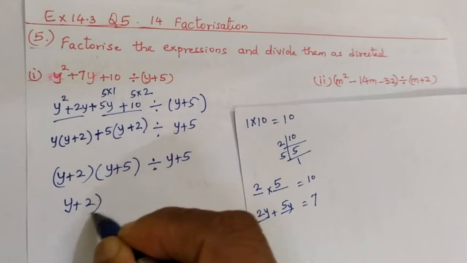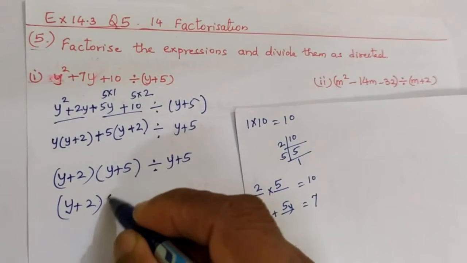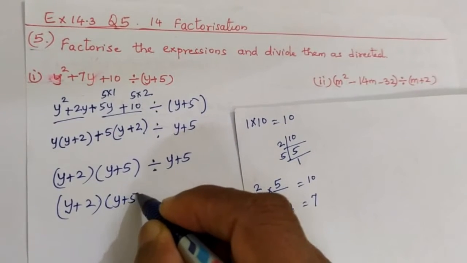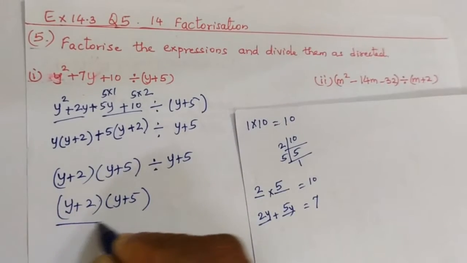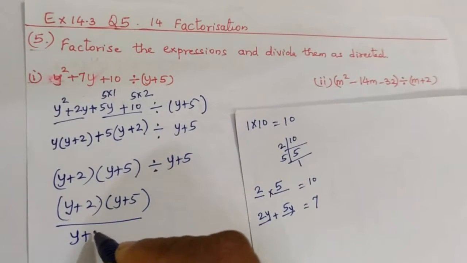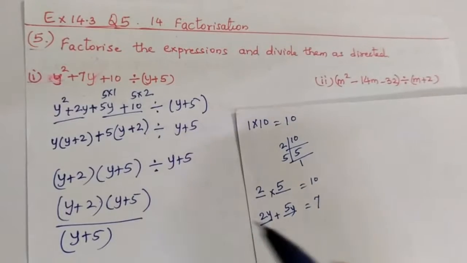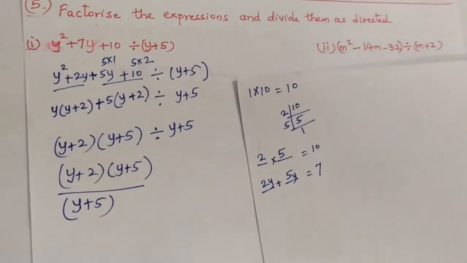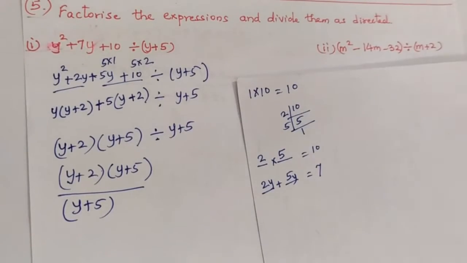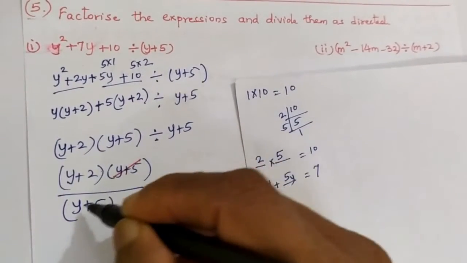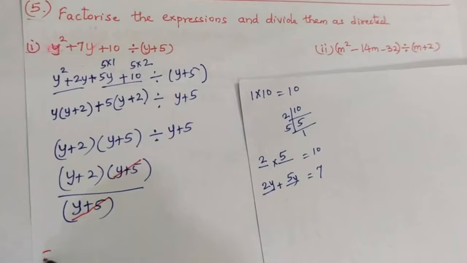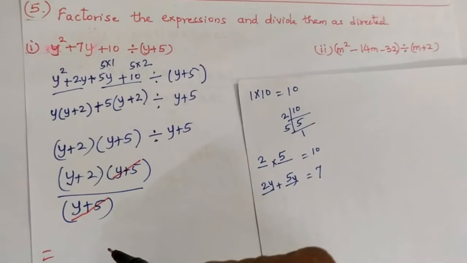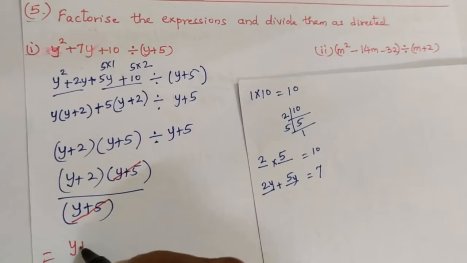As y plus 5 is there in the numerator and denominator, this y plus 5 and this y plus 5 will cancel, and therefore the answer is y plus 2.